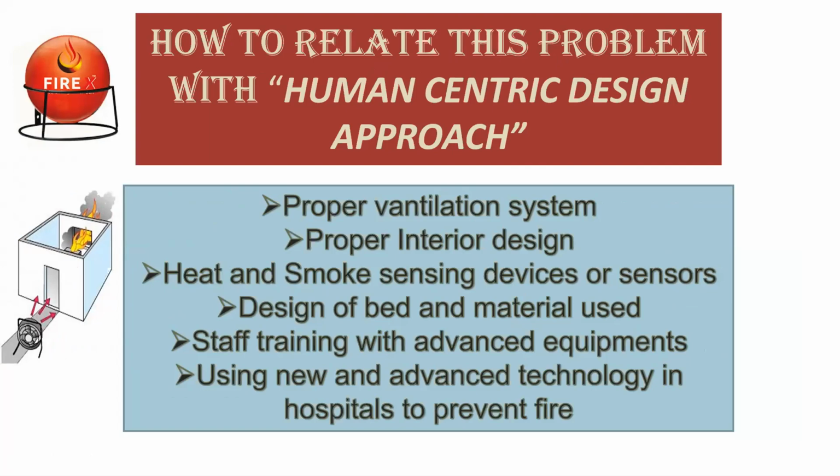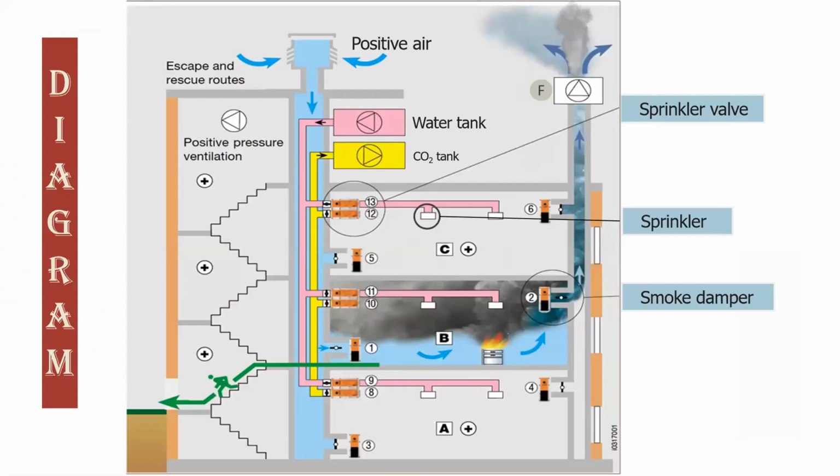This is our diagram, where we consider the ventilation system, how smoke is taken out of the hospital, how positive air and fresh air enter the room, and how sprinklers work when fire occurs, with smoke damper and sprinkler valves. Here are the sprinkler and water tank, and the CO2 tank to extinguish the fire.